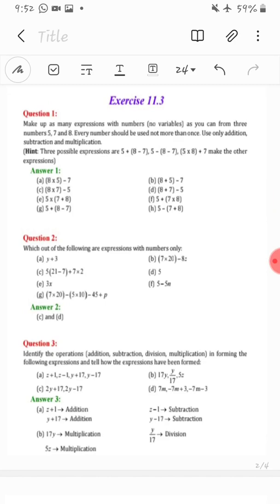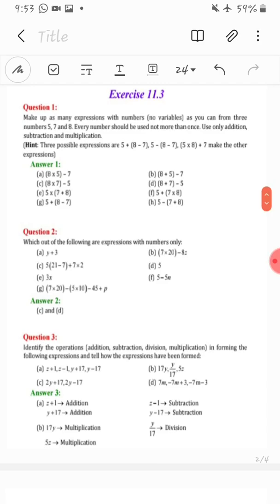In c it is given 5 in brackets 21 minus 7 bracket close plus 7 into 2. Here you can notice that there is no variable, from a to z, so we can say that it is an expression with numbers only. Then d, only 5 is there, directly we can say it is an expression with numbers only. Then e, thrice x, so x is a variable, not the correct answer.